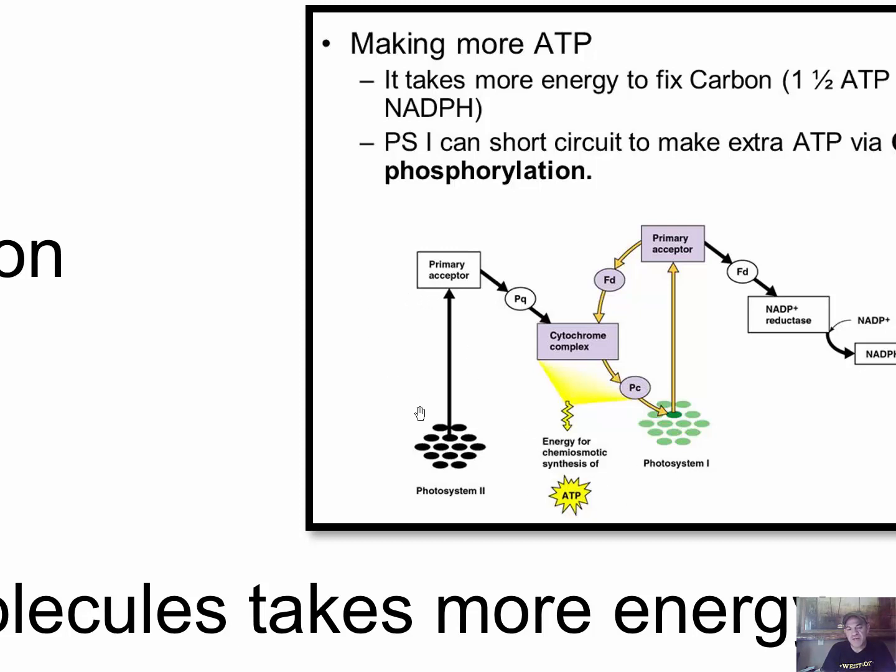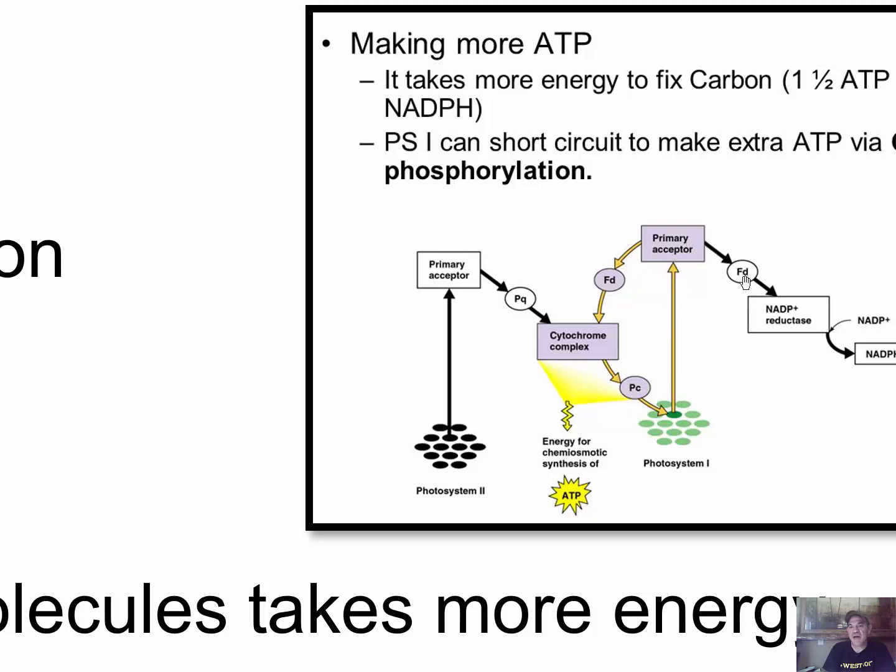A photon of light is going to come in at P680, or 680 nanometers, and we get our electron excited, captured, and it goes through our electron transport, through that B6F complex, which pumps protons into the thylakoid so we can produce ATP. Then the electron comes to photosystem 1 and gets excited again with the correct wavelength of light.